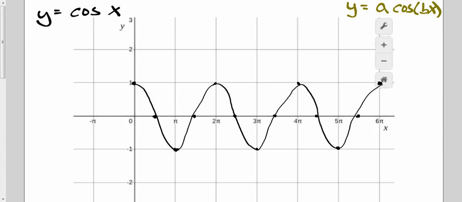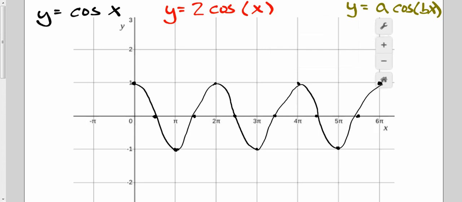Okay? Same thing goes. Now let's do this in red. We're going to change our a value. We're going to say y equals 2 times cosine of x. Again, my b value here is 1.